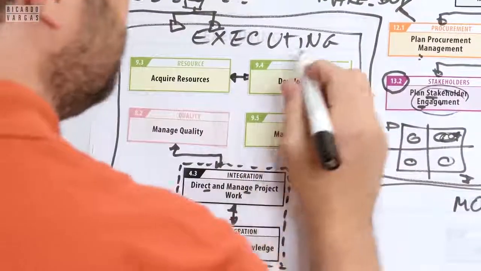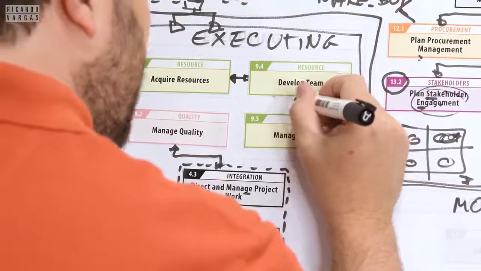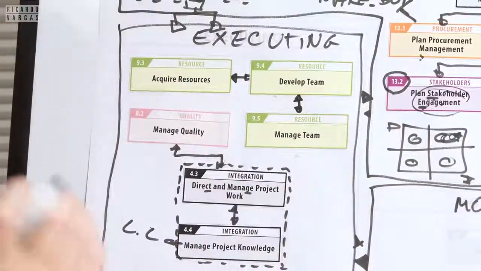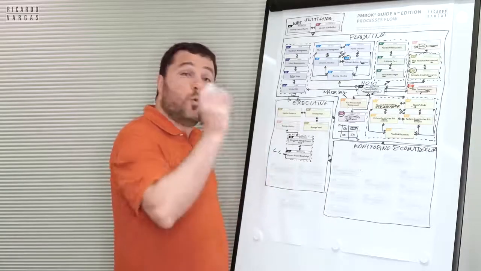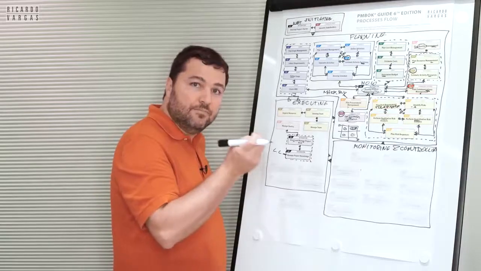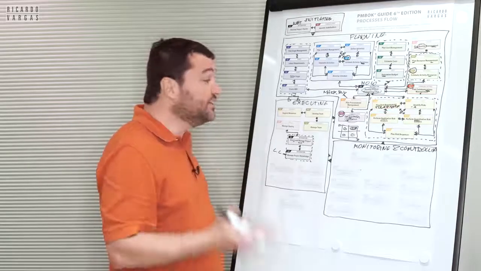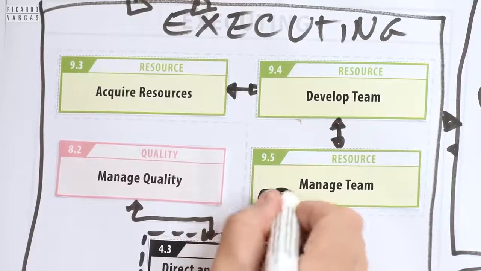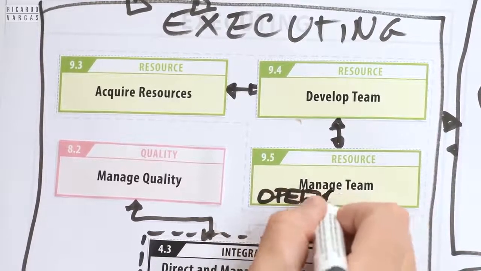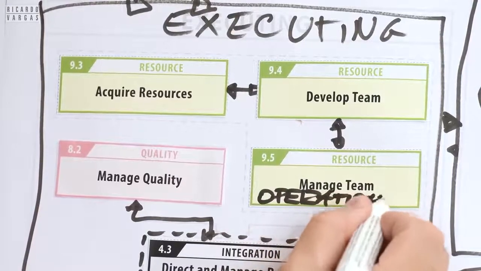Another question you may ask me, what's the difference between develop and manage? Develop the team is to make the human resources you brought to the project work together as a team where 1 + 1 is more than 2. Manage a team, it's more towards the operational aspects. What are operational aspects?